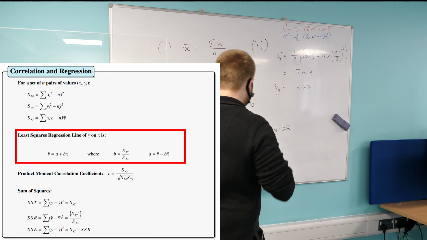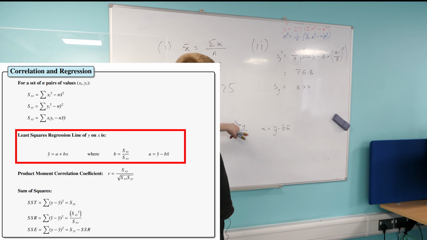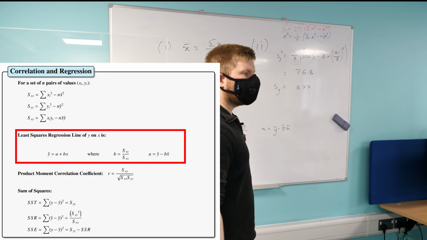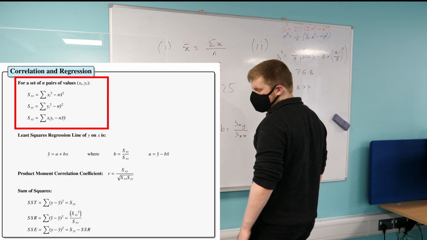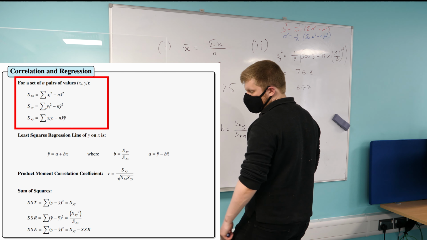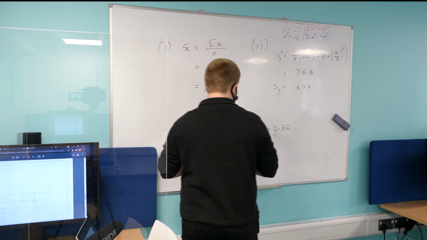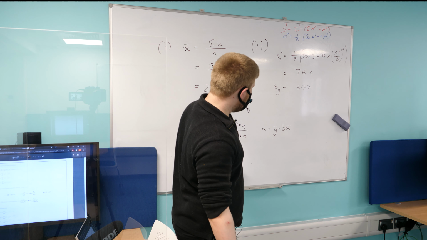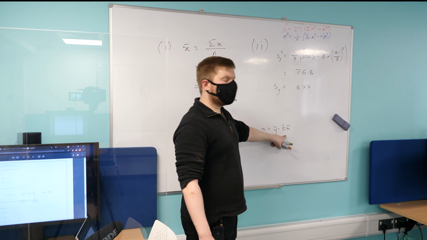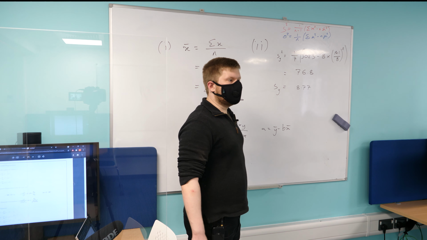Now you notice that we've got these formulas here. They are kind of a bit of an abbreviation, right? So if you scroll up towards the top, you can see that sxx and sxy are there. So I think it makes sense to calculate both of these things first. We find b, you notice a has already got b in there, so we need to then use that in there.